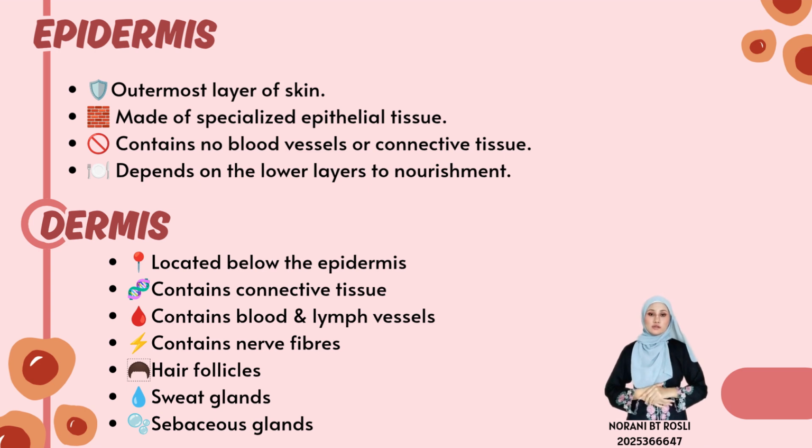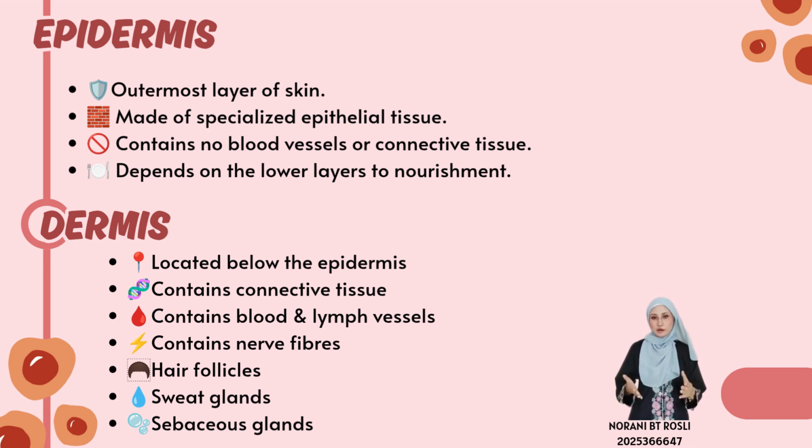Instead, it receives nutrients from the dermis below. It also contains keratinocytes, which produce keratin to make the skin strong and waterproof, and melanocytes, which produce melanin. As for melanin, it gives our skin its color and helps protect it from harmful UV rays.